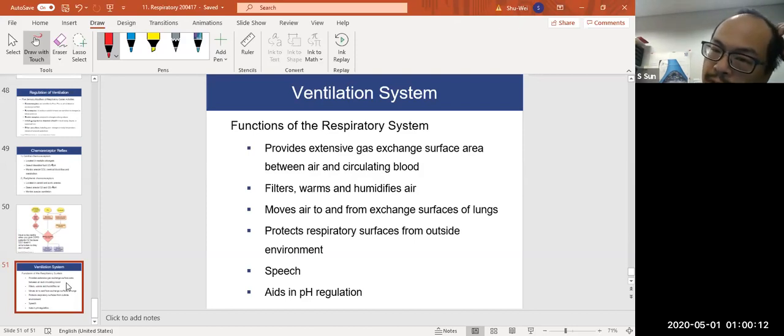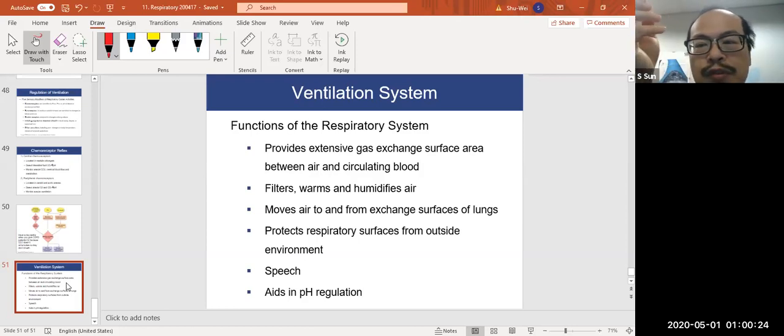It can also filter, not just in the nose but along the airway: if there is a particle, it will be wrapped by the mucus, and then we can remove it.